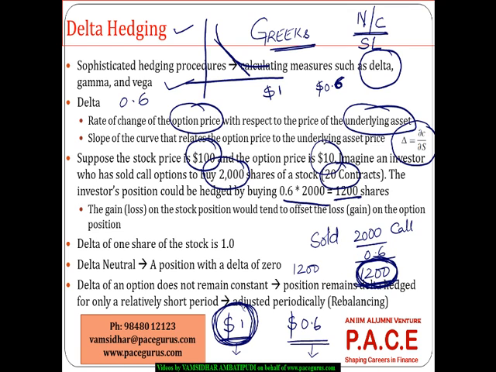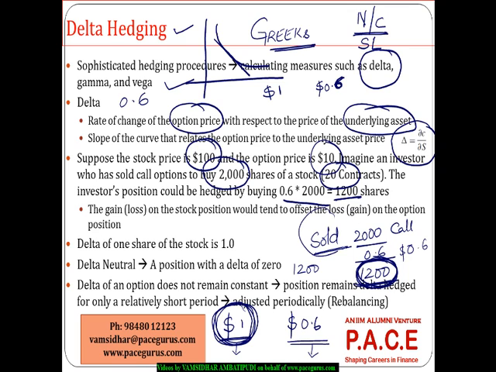Because I have sold the call options, let's think the call option price has gone up by $0.6.